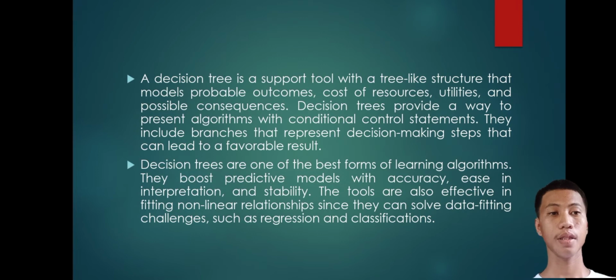A decision tree is a support tool with a tree-like structure that models probable outcomes, cost of resources, utilities, and possible consequences. Decision trees provide a way to present algorithms with conditional control statements. They include branches that represent decision-making steps that can lead to a favorable result.